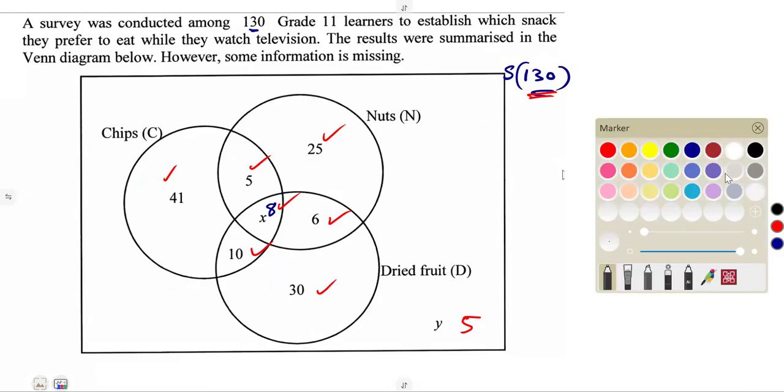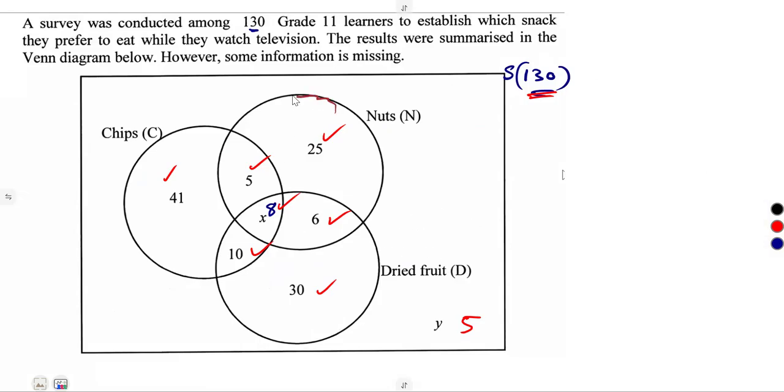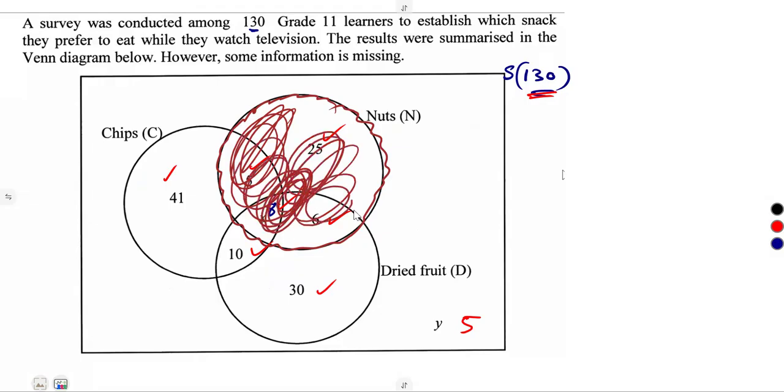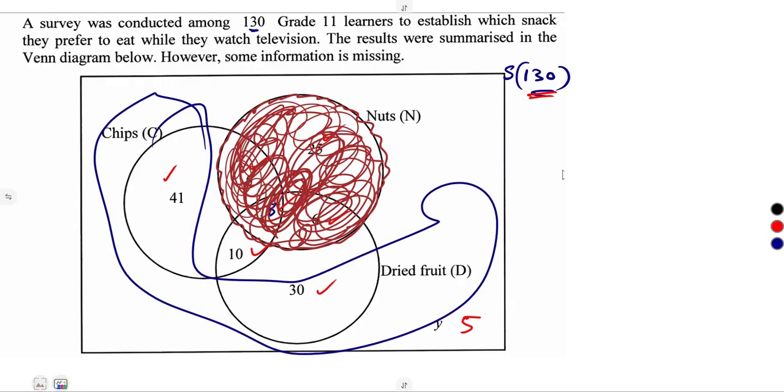So this is what we have. These are the ones that eat nuts. So let's cover this, because they do eat the nuts. But the question is, find the ones who do not eat. Meaning to say, it is about these ones that are remaining.